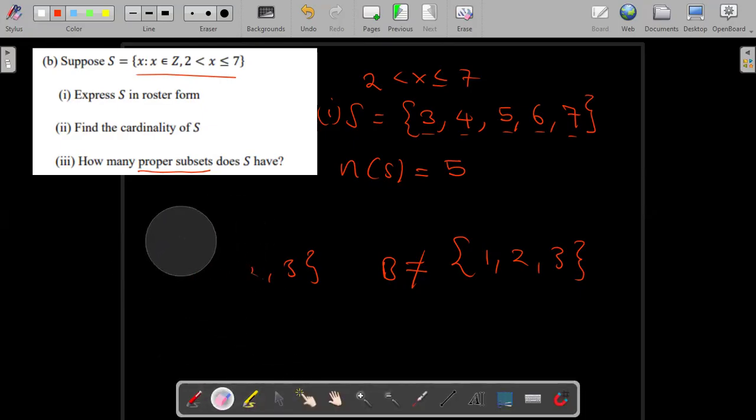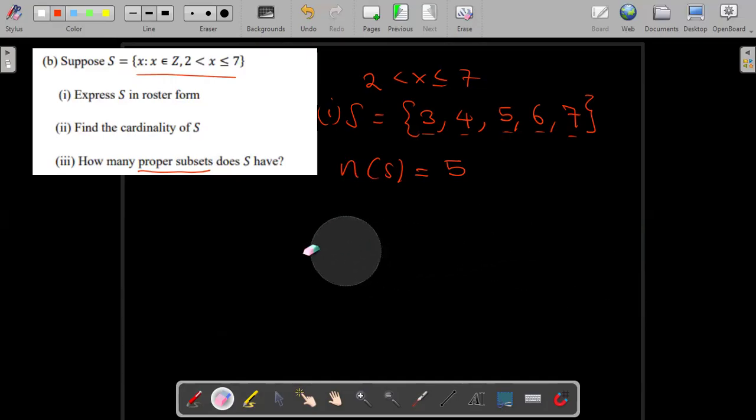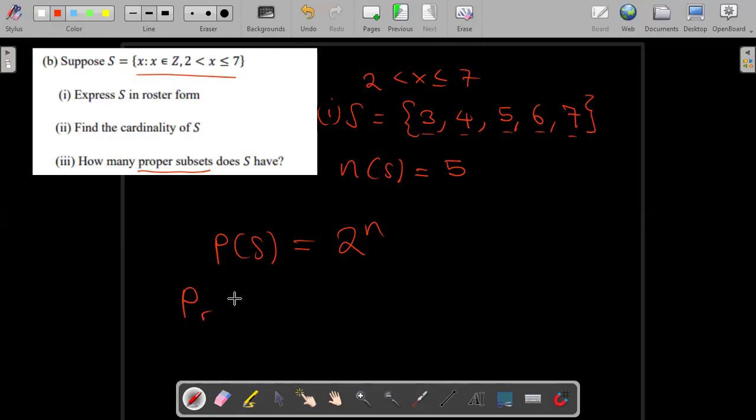So power set of S, we say that is 2 to the power n like this. But now when it comes to finding the proper subset here, I'll indicate proper subsets like this, and what you do, you say 2 to the power n, but minus 1, because I know that there is that one subset.